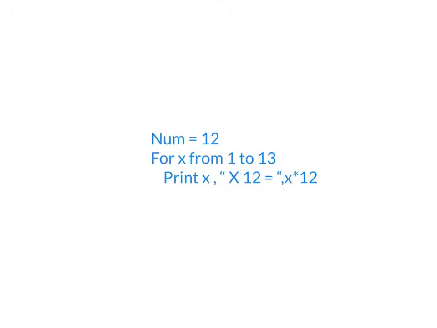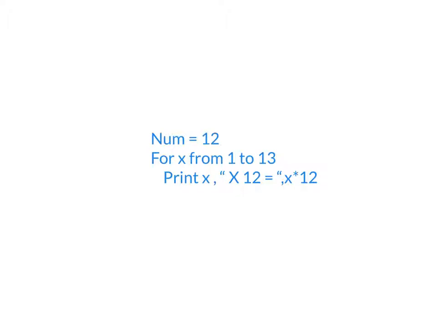So, last one. Again, have a look at this, pause, and then see what the answer is. Okay, right, well, as you probably guessed, this will print out the entire 12 times table. So, num equals 12. Well, that's a variable, obviously.